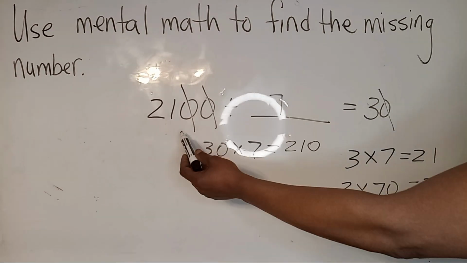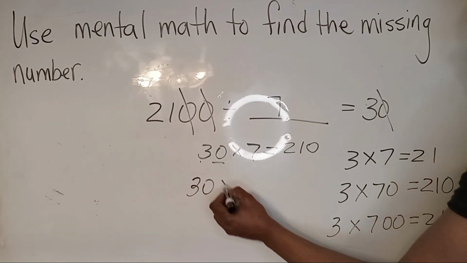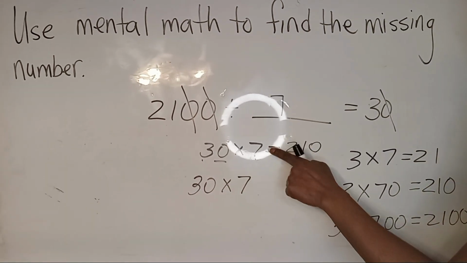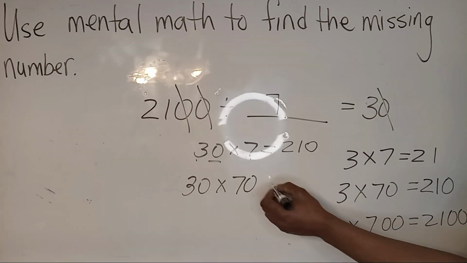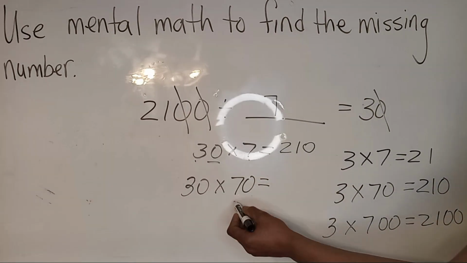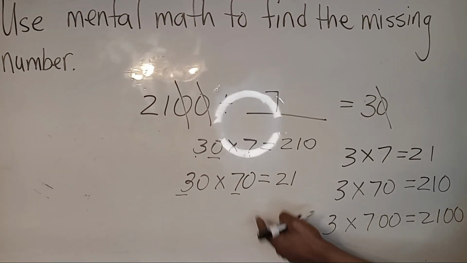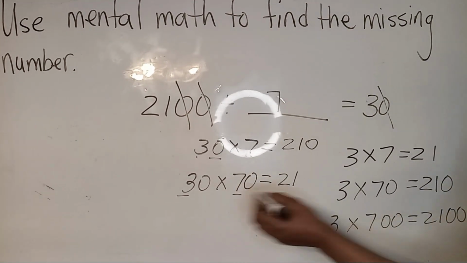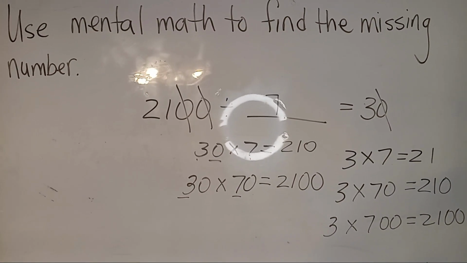But we need 2100, so we're going to do that one more time. 30 times 7, but we're going to add a 0. Instead of 7, it's going to be 70. We still know that 7 times 3 is 21. And we have 2 zeros, 1 and 2. We put those here, and there's our 2100.